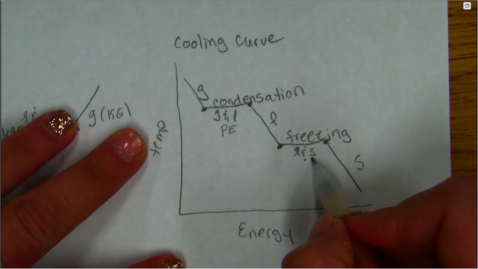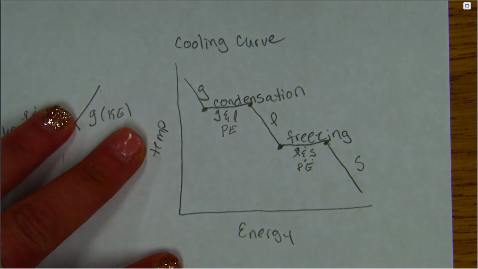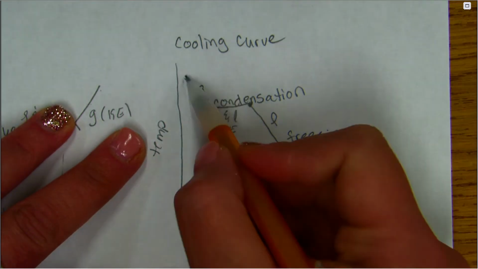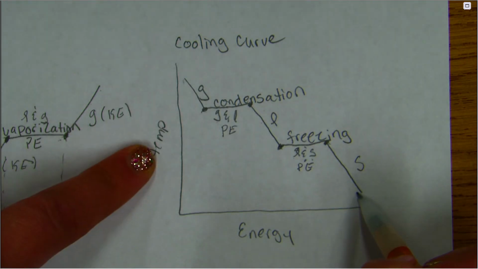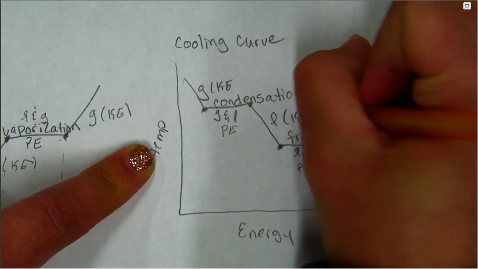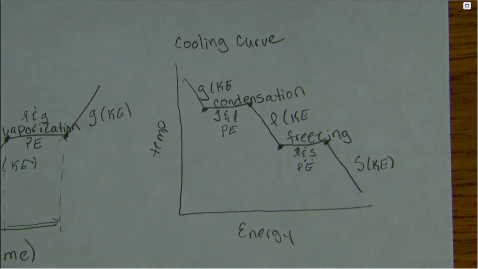Again, I am making those particles closer together, so again, potential energy. My gas, my liquid, and my solid are all changing temperatures, so we say they have kinetic energy. At this point, we've reviewed pretty much everything that you probably already learned from previous science courses.